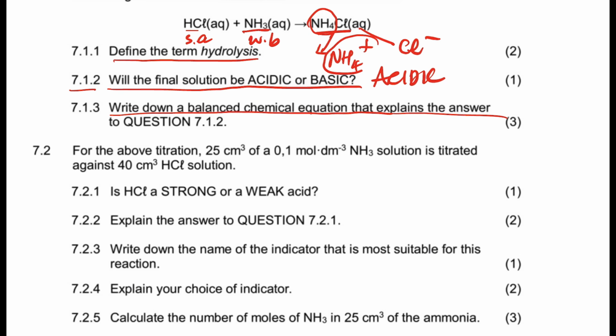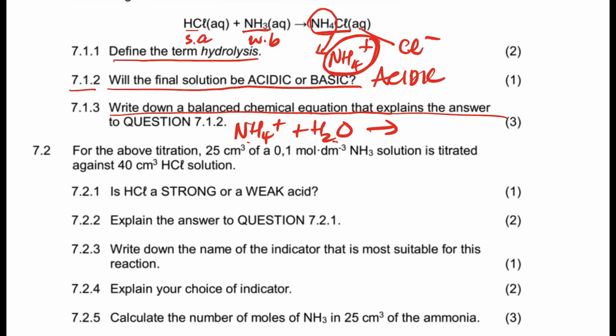So you take the weak part there. For an acidic salt, you take the cation, so it will be the ammonium. You take the ionic salt and you dissolve it in water. So if you dissolve it in water, this is acidic, right, with water.